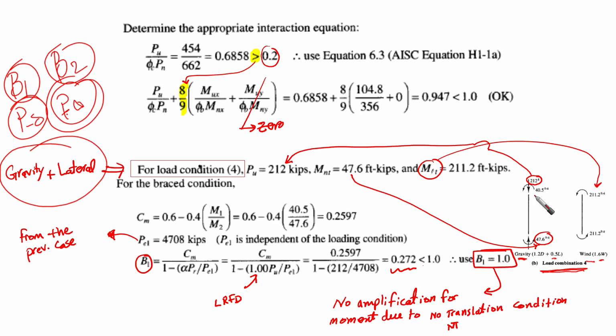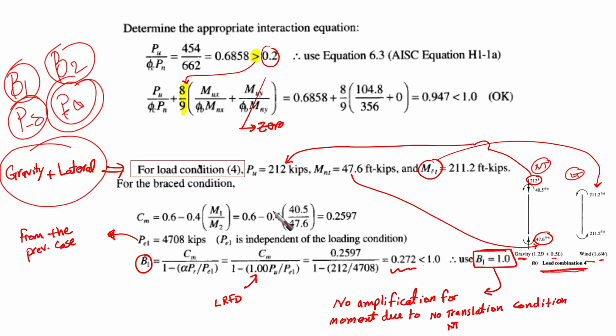This part is coming from the no translational part, right? This is gravity only, dead load and live load. And our system is, as we said, symmetric in terms of loading, symmetric in terms of geometry. So here this part is like no translation, this part is lateral translation.